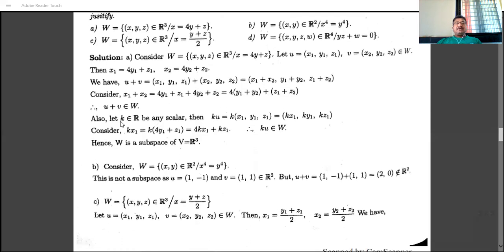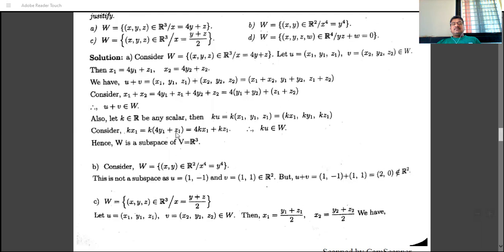Now the second property. Let k be any scalar, and then ku is what? (kx1, ky1, kz1). This is the scalar multiplication. Now we have to verify this element belongs to W. It belongs to W if kx1 is equal to 4 ky1 plus kz1. So consider kx1, which is k times x1, and x1 is 4y1 plus z1.